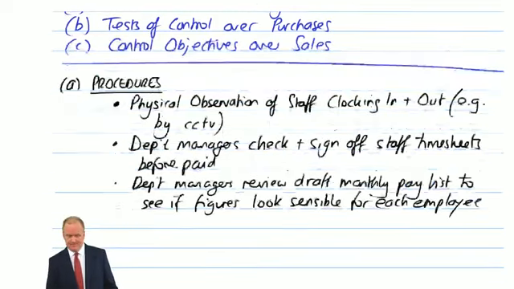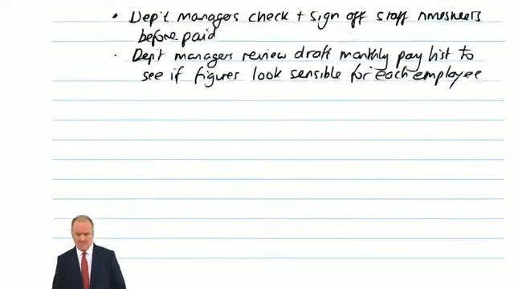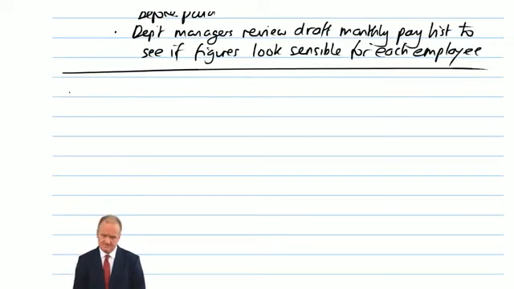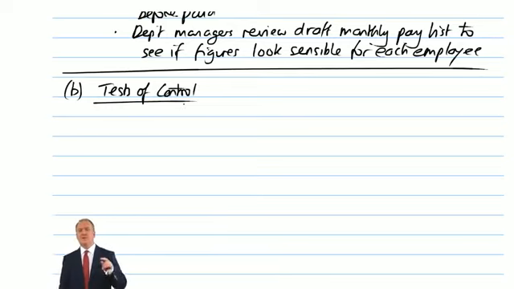What was B? Tests of control over purchases. Well, a test of control is an auditor checking that a control procedure is working. So I need to think of control procedures over purchases and then think how I would test them. Control procedure over purchases: when goods arrive, check them for quality to make sure they are not damaged.